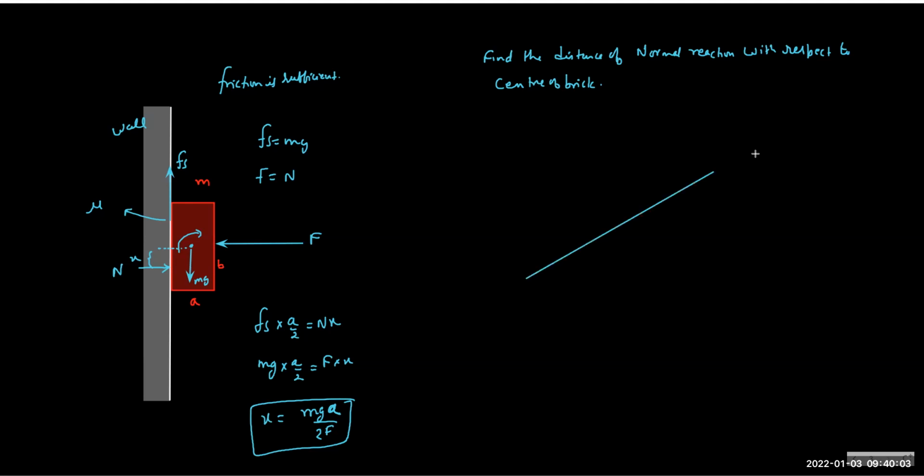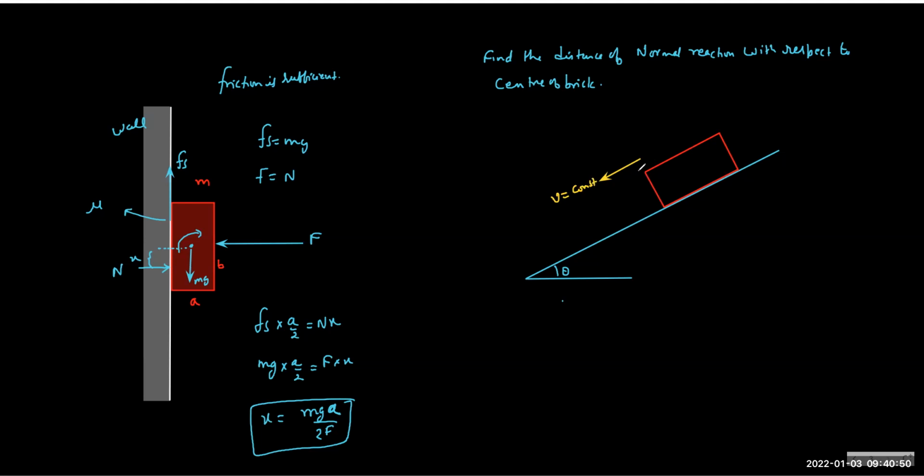The question is like we have an inclined plane and there is a block of certain dimension. It's very similar to the brick problem, but there is some difference. What is interesting is that this block is not at rest, rather it's moving with constant velocity.